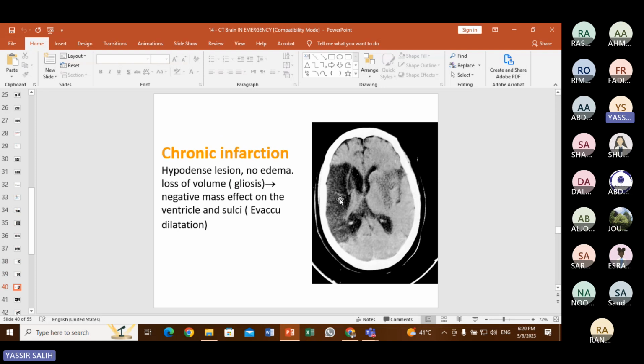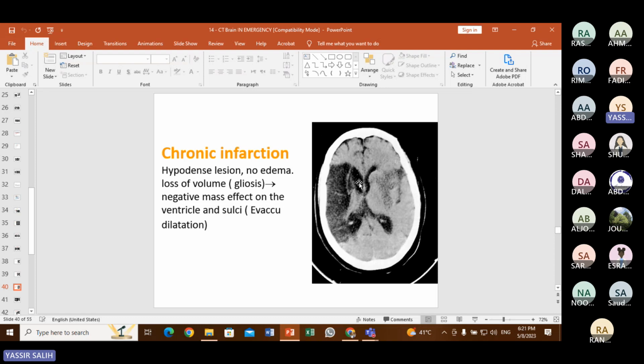In chronic infarction، أول شيء عندنا الـ hypodense lesion with cortical distribution لكن عندنا negative mass effect. ايش negative؟ Instead of compression of the lateral ventricle، هو بقى dilated. فده بسموه negative mass effect due to gliosis or vacuum dilatation. بيسموه vacuum dilatation. لاحظوا ان الفنتريكل lateral ventricle instead of being normal or compressed, it is dilated.